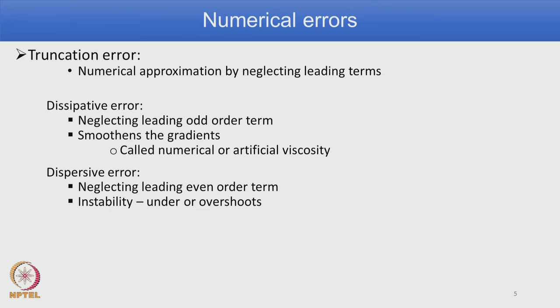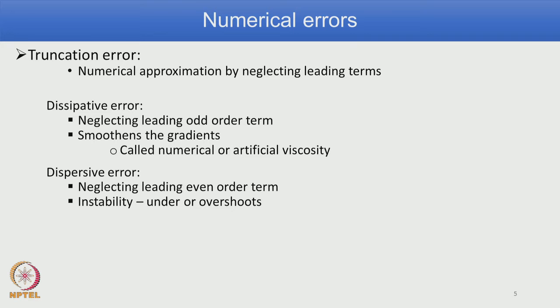The second type is dispersive error, where the leading neglected term is an even order term, and that results in what are known as overshoots or undershoots. So, you may have a solution with wiggles.